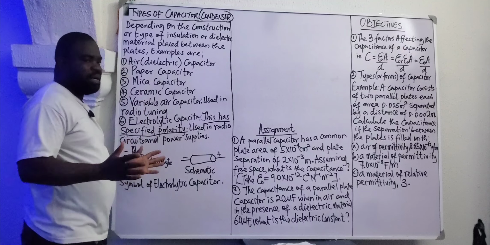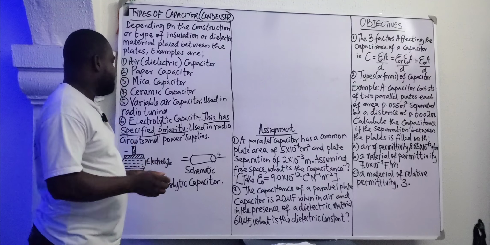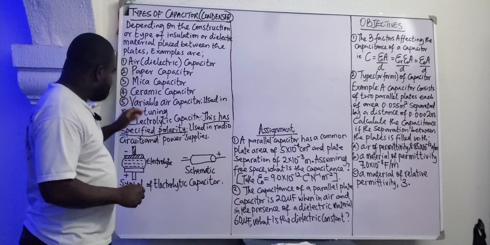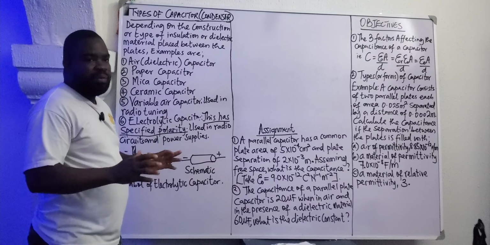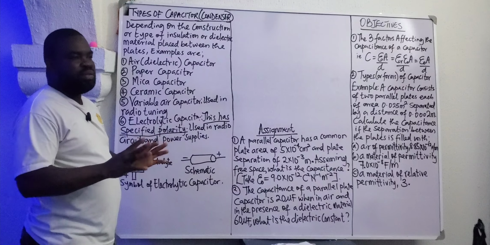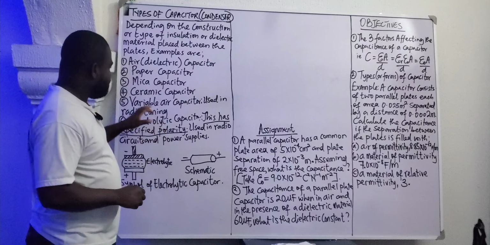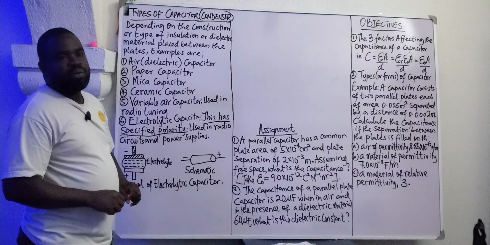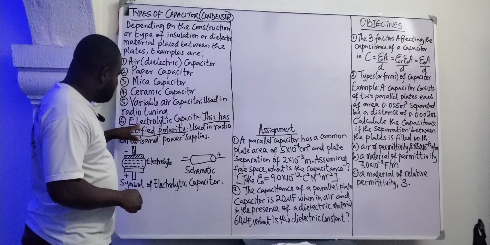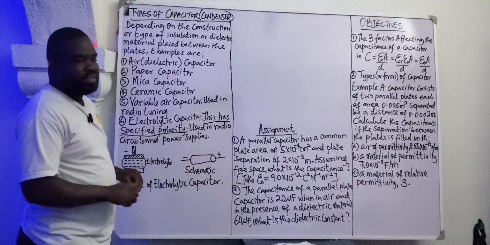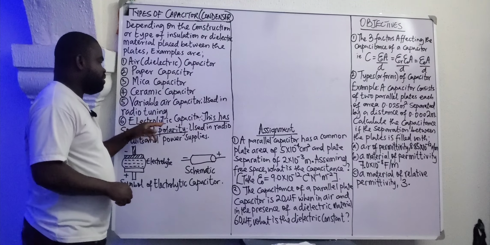If it is made of ceramic material, you call it ceramic capacitor. If it is made of a material where you can vary the value of air, you call it variable capacitor. Then if it is made up of electrolyte, you will call it electrolytic capacitor.